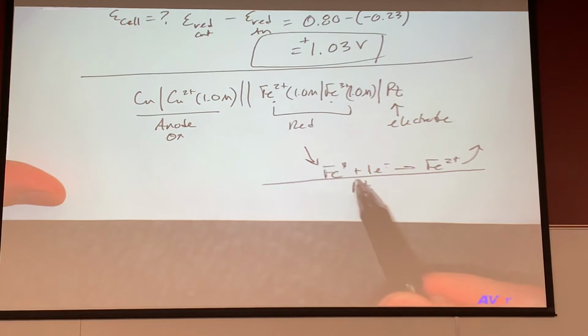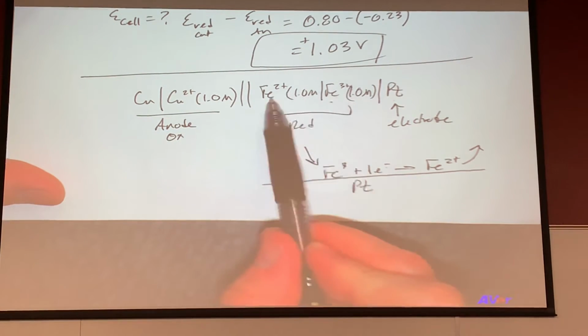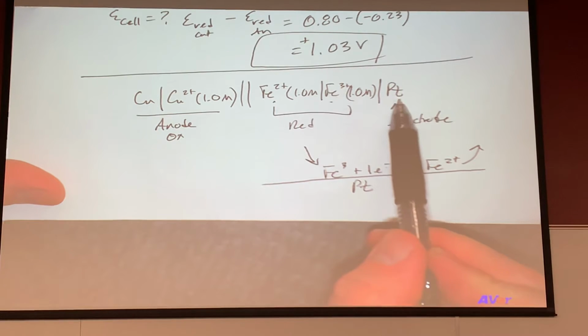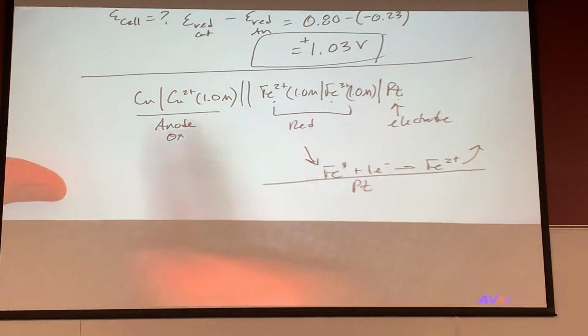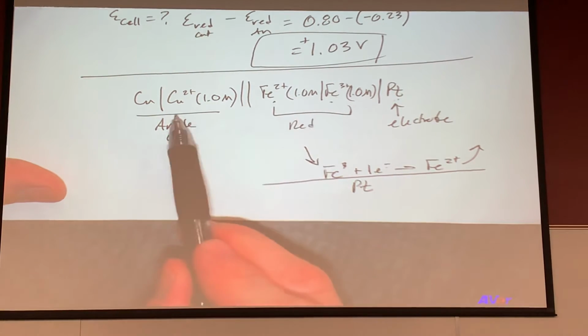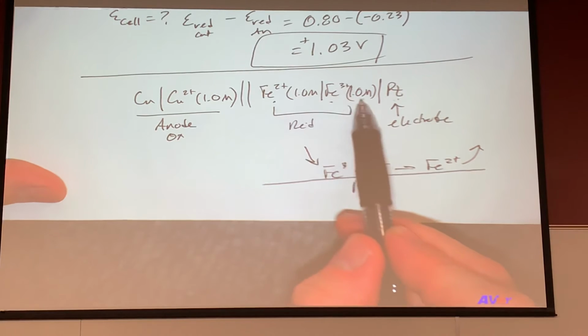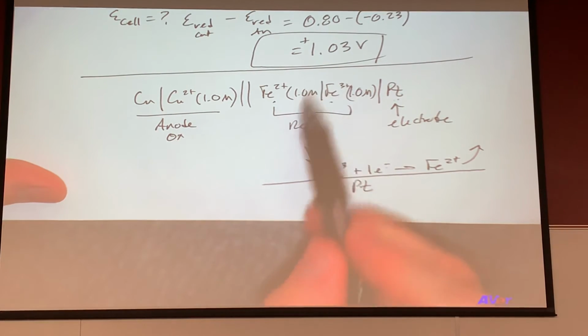So iron sticks, reacts, and leaves. There's no buildup of iron on the surface. This particular cell notation has an aqueous reaction happening for everything at a solid electrode. Okay. Slightly different notation, still anode, oxidation, reduction, cathode. Just a couple things happening in solution.